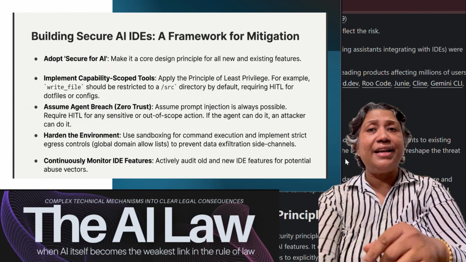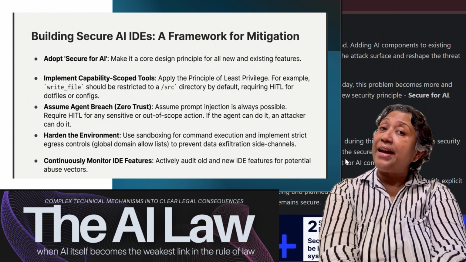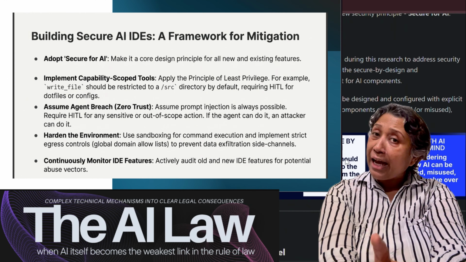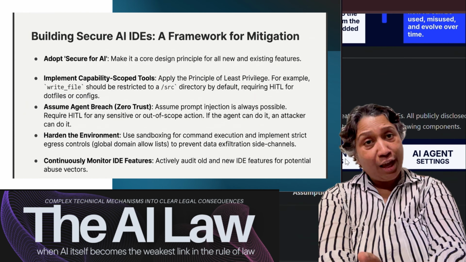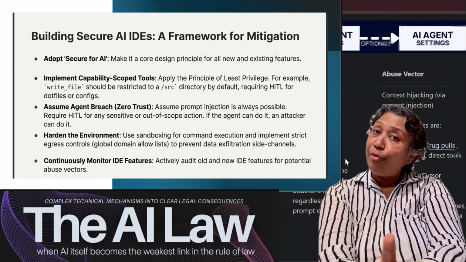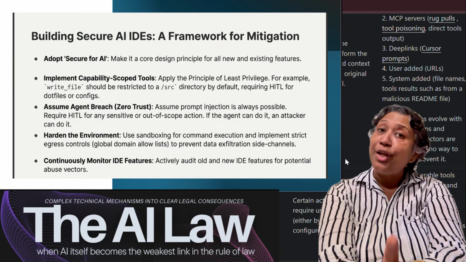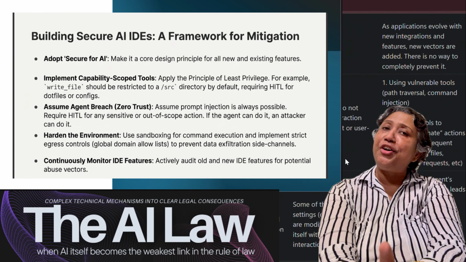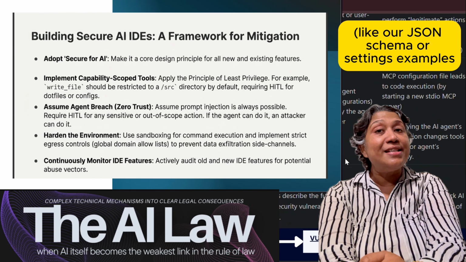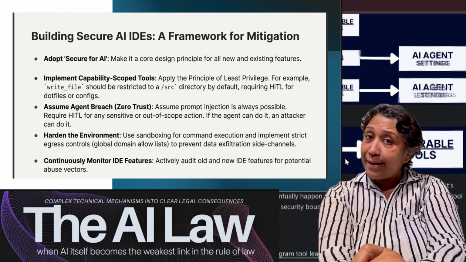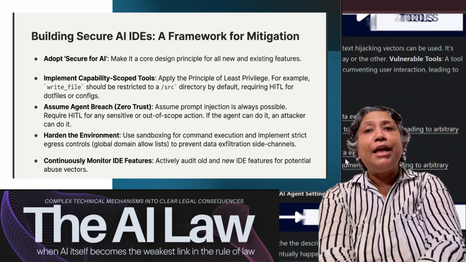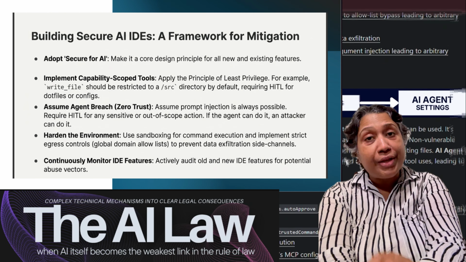The idea here is that developers of AI IDEs should proactively audit both old and new features of the IDE for abuse potential. Before adding an AI integration, review what legacy features might be triggered, like our JSON schema or settings examples. For every update of the base IDE, re-evaluate if new features introduce new risks.